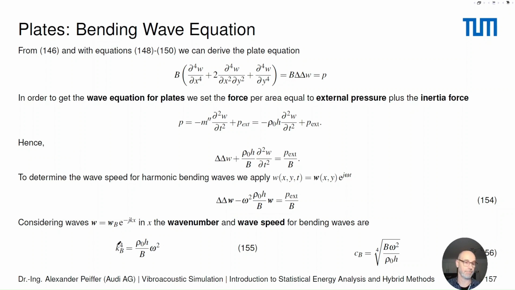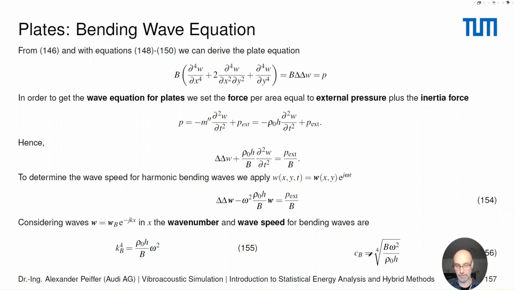So the wave number is the fourth root, which is related to the square of the angular frequency. And the wave speed is kind of special. It's the fourth root, and there's a quadratic frequency dependence.